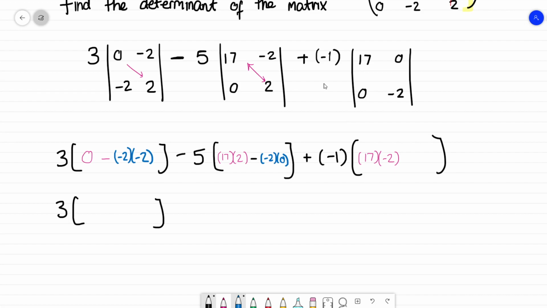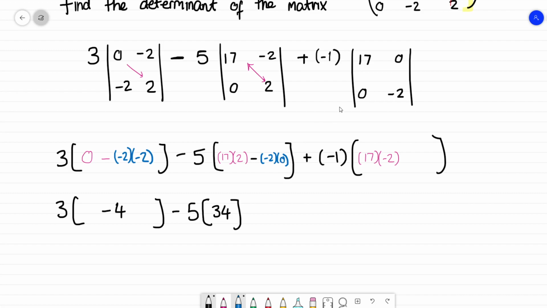Alright, so this bracket 0 take away minus 2 times minus 2, that gives me this part here, gives me a 4, minus in front makes it a minus 4. 17 times 2 is 34, and again this part I'm multiplying by a 0, so I don't need to worry about it.